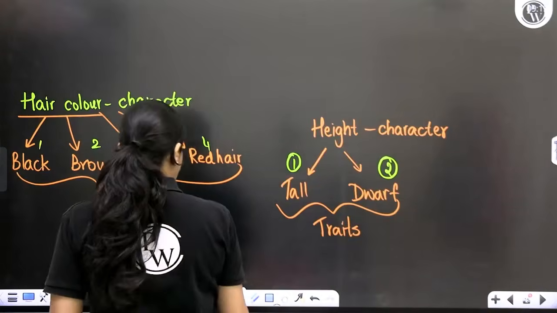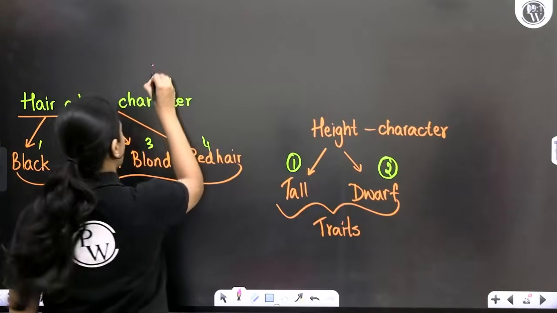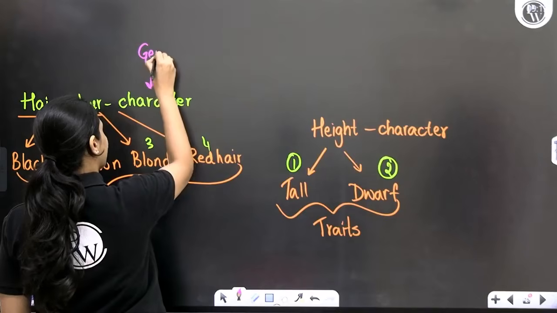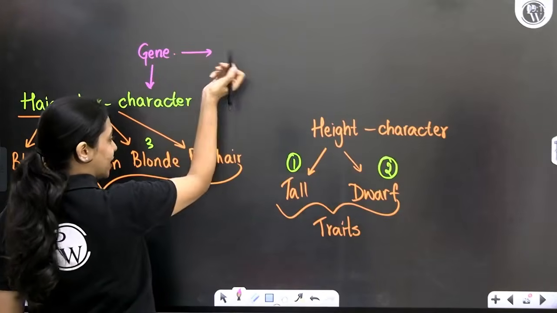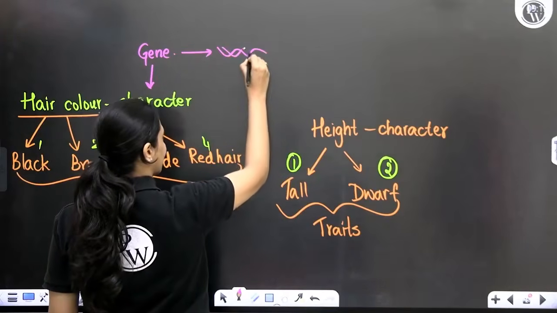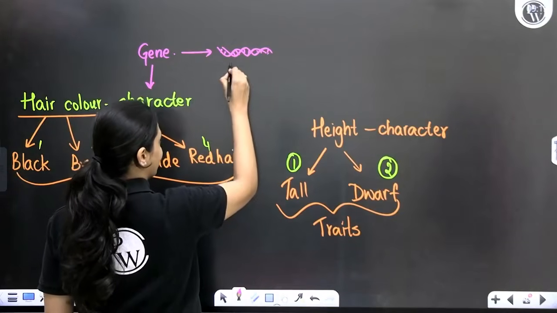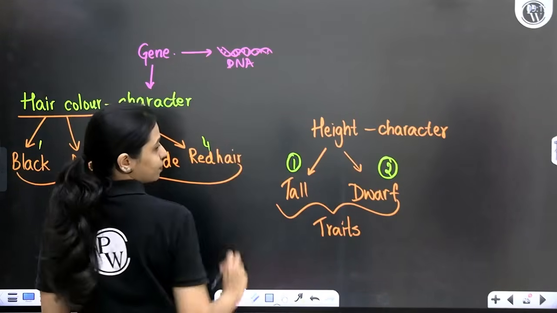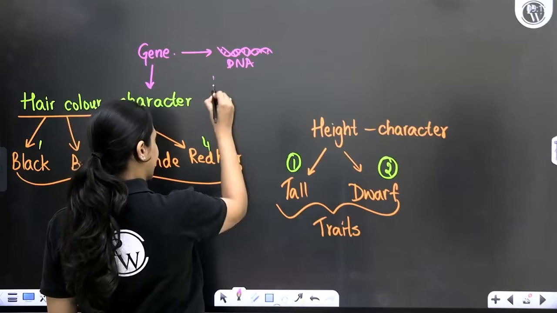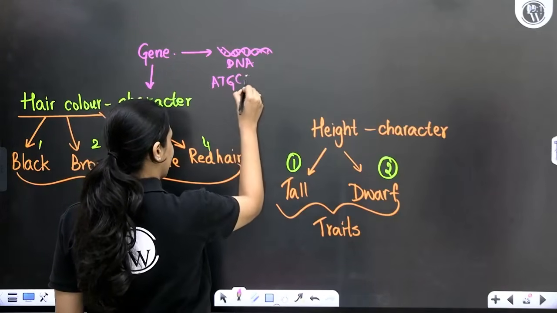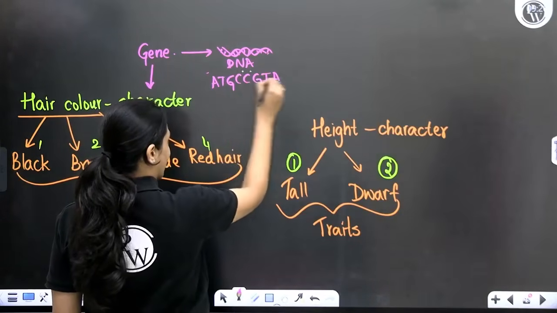Now, this character is controlled by a gene. Gene is nothing but DNA. Right? Today we know that it is nothing but DNA. And in this DNA, there is a sequence of ATGC base pairs.